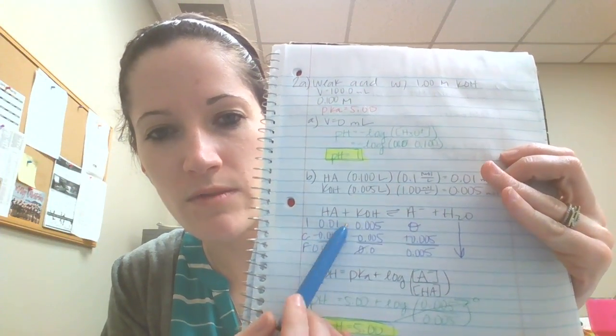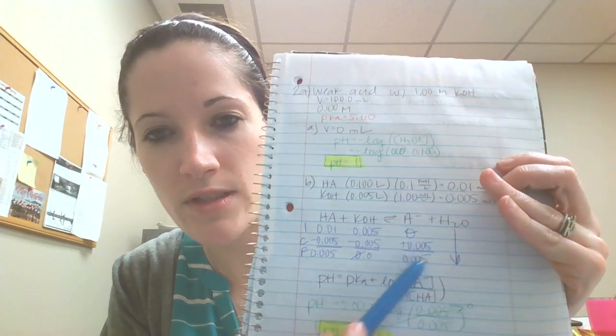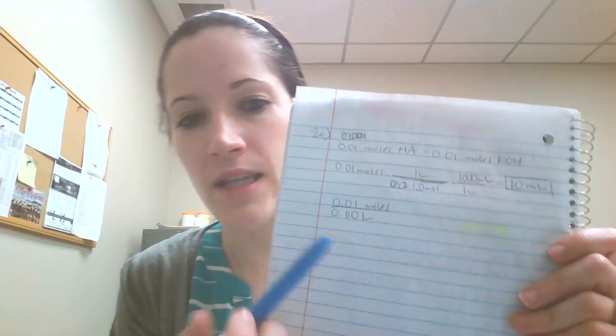And then I'm going to have a new volume. If I reuse all of mine, then I'm going to have 0.01 moles of this. Plug that in here to get my new molarity.